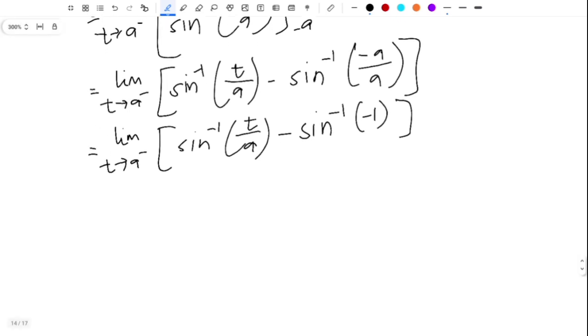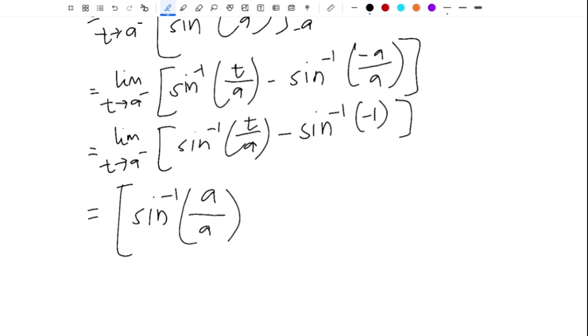Now that we already simplified our second term, let us apply our limit. Therefore, we will have arc sine of t over a, where t will be a since we already applied our limit, minus, let's put a bracket here, arc sine of negative 1, which is negative pi over 2.